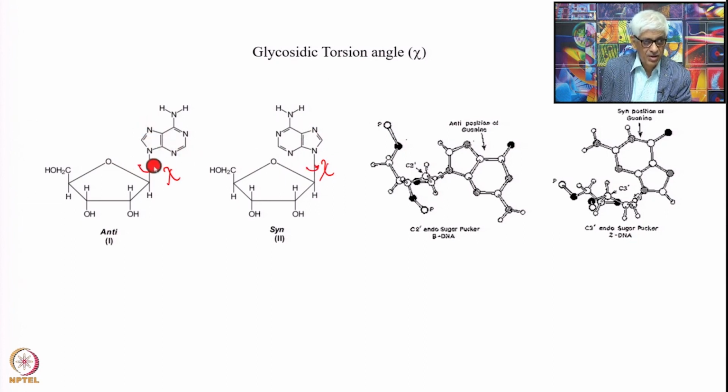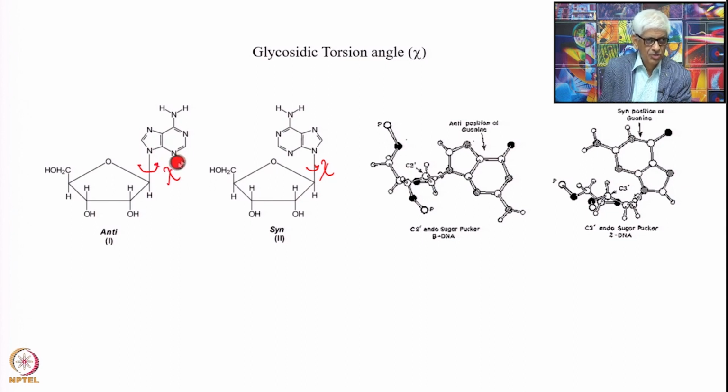See the 5-membered ring, this is the 5-membered ring of this purine ring, comes on the side of the oxygen here. This torsion angle is defined with respect to these 4 atoms. Or you can define it with respect to these 4 atoms. So either way it is the same thing. You can choose the convention you want, and one particular convention is used.